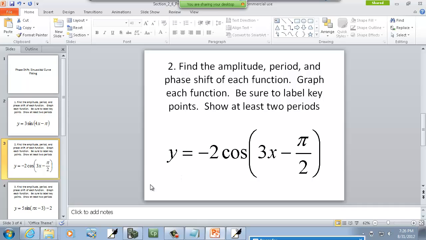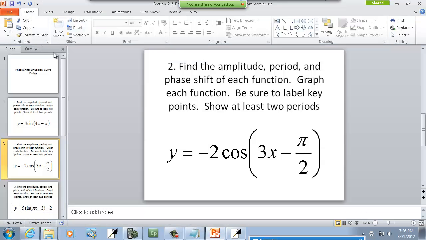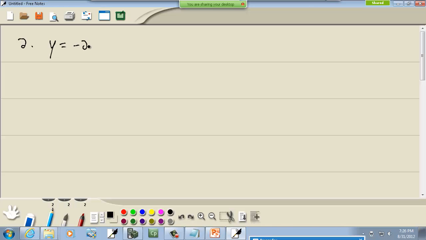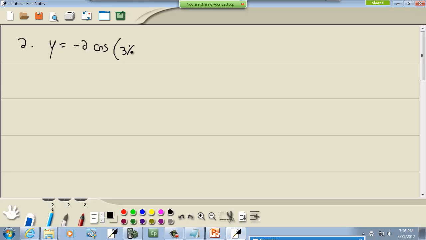This one here. Okay. So we've got y is equal to negative 2 cosine, and we got 3x minus pi over 2.